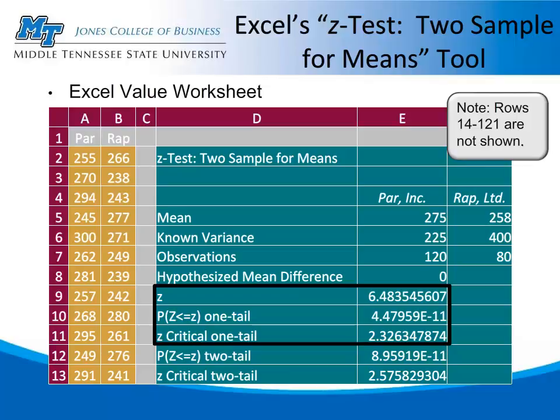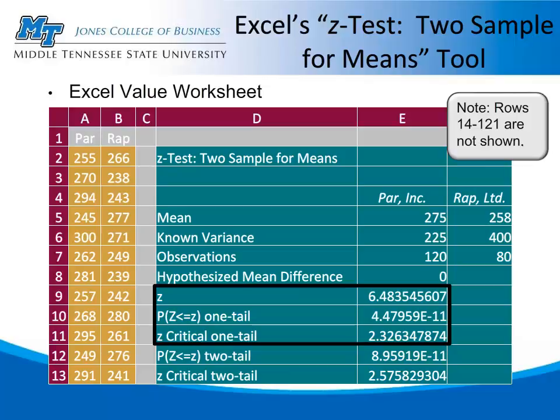The mean values for the samples were 275 and 258. The variances, which you had to put into the procedure, are 225 and 400. The observations, Excel just counts from the data you select. So there are 120 values for par and 80 values for wrap. The hypothesized mean difference was 0.